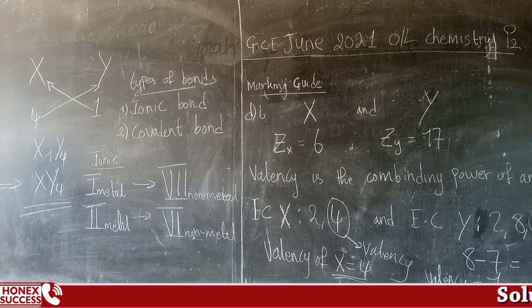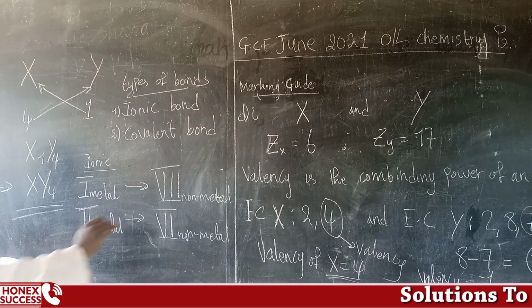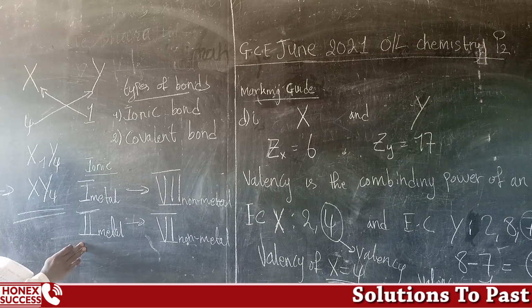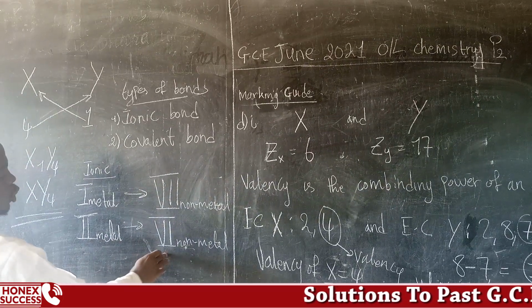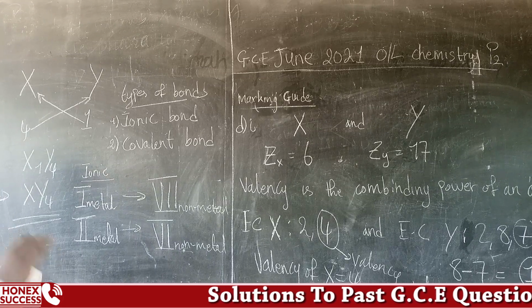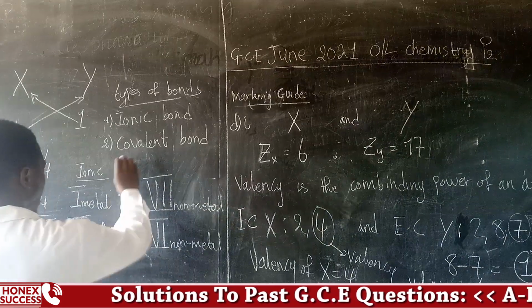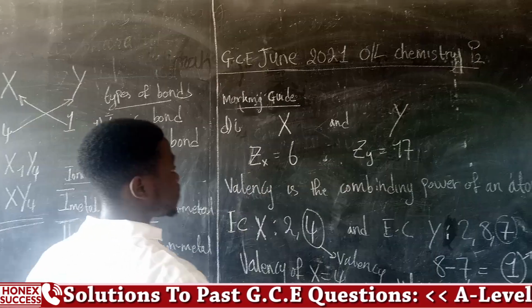So the summary for ionic bond is that you either find a group 1 metal transferring electrons to a group 7 non-metal, or a group 2 metal transferring electrons to a group 6 non-metal. So in this case, there is transfer of electrons.